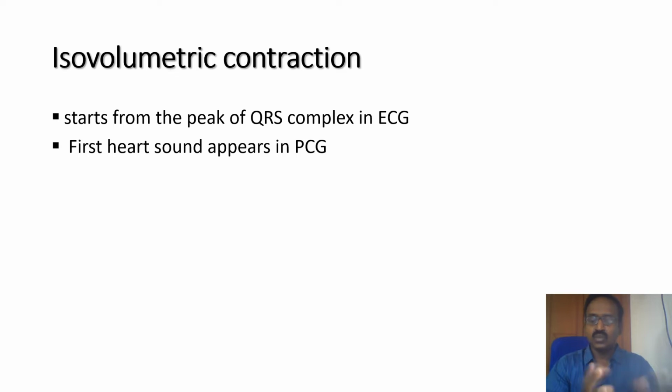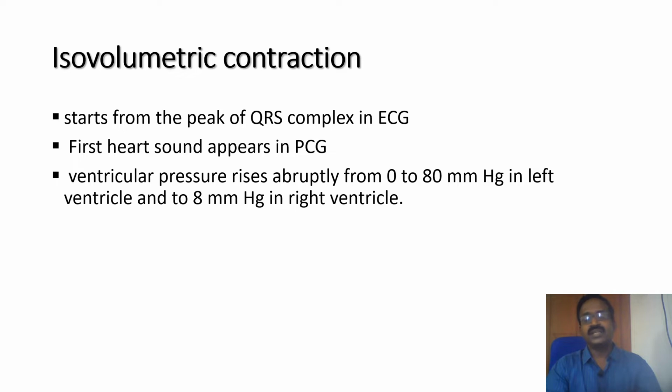The volume does not change, but the ventricular pressure increases during the isovolumetric contraction phase. The ventricular pressure increases from 0 to 80 millimeter mercury in the left ventricle and 0 to 8 millimeter mercury in the right ventricle. So the pressure is sharply increased, but there is no change in the ventricular volume and aortic blood flow because all the valves are in the closed state.